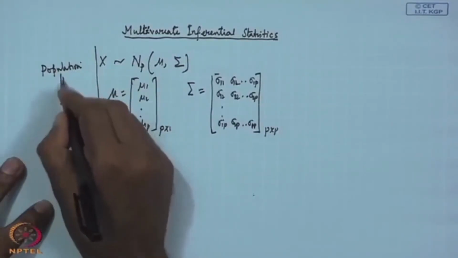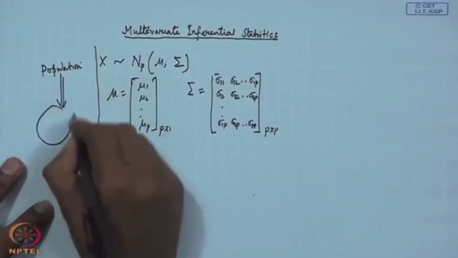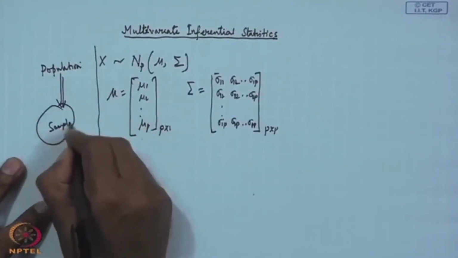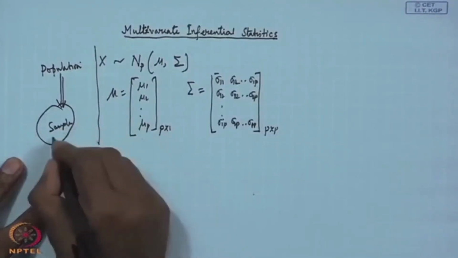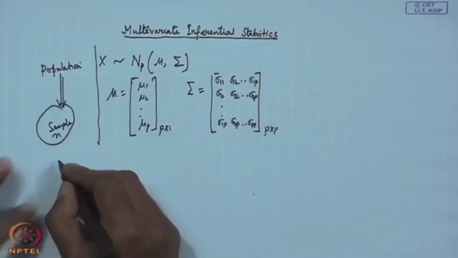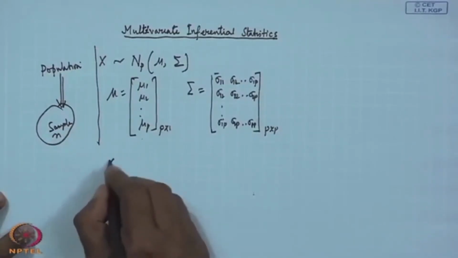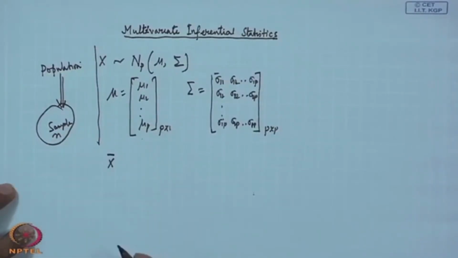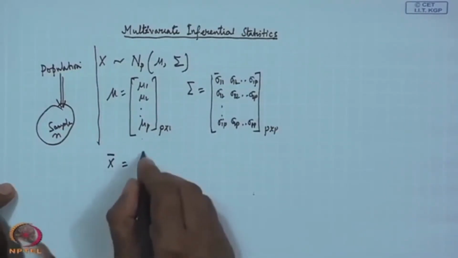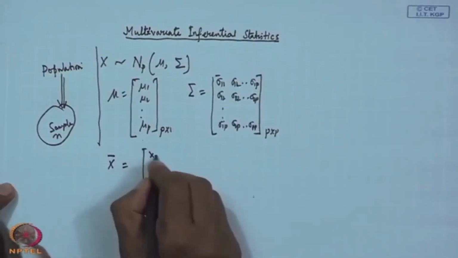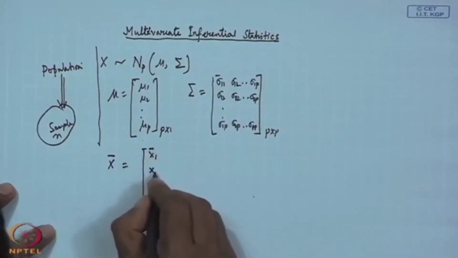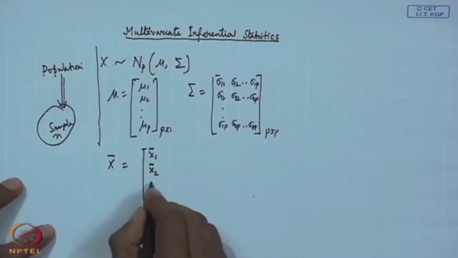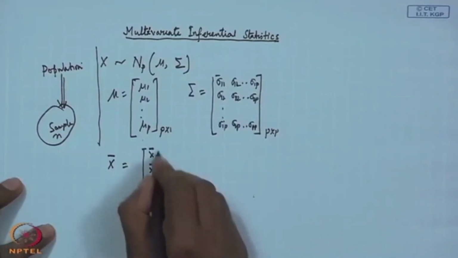When you sample from the population, for example a sample of size n, then you compute sample statistics like x bar, which is again a p variable vector, x1 bar, x2 bar, up to xp bar.